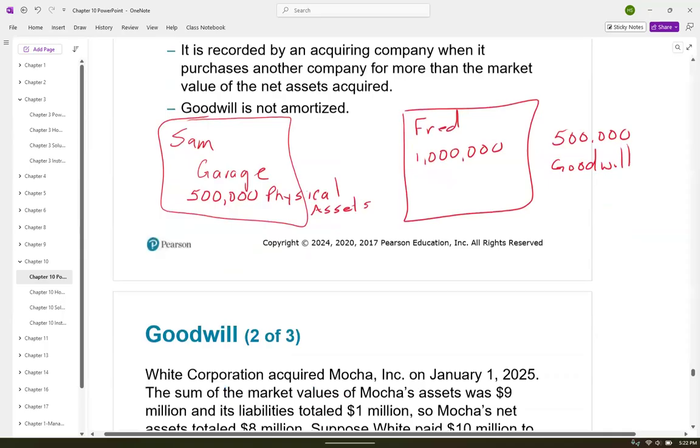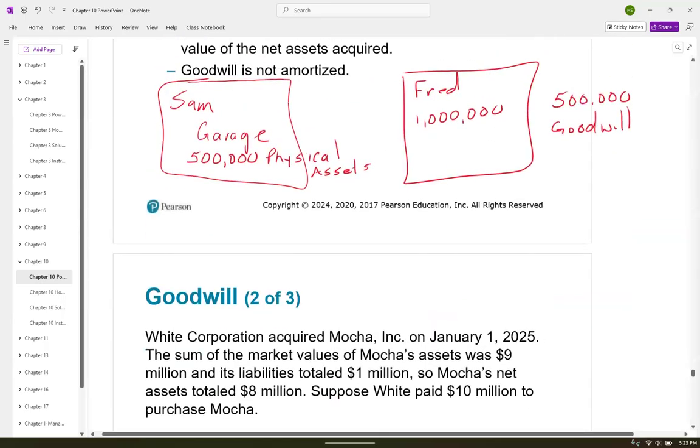Okay, so they give us an example as well. So this is White Corporation acquired Mocha on January 1st, 2025. The sum of the market values for Mocha's assets is 9 million. Liabilities totaled 1 million. Okay, so their net assets was 8 million and they paid 10 million to purchase Mocha.